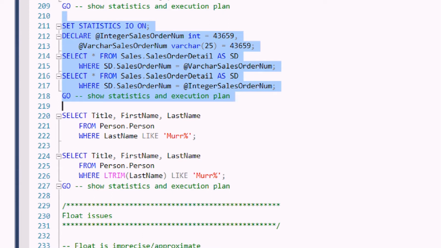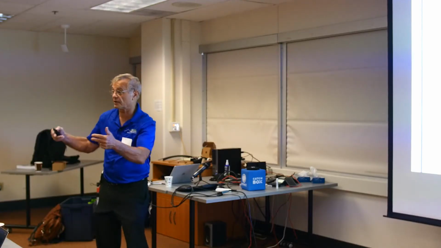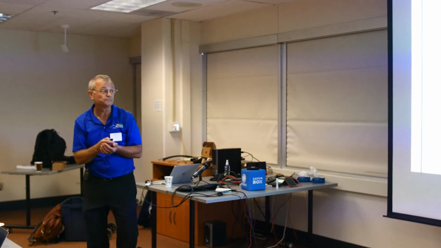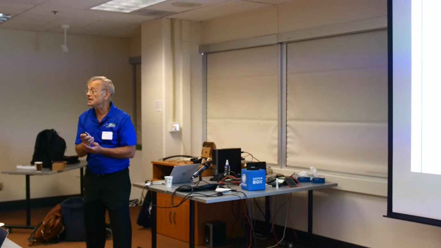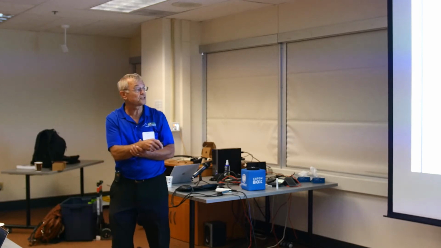It has to convert one to the other, and that's an implicit conversion. There's a set of rules for which one it converts to the other.